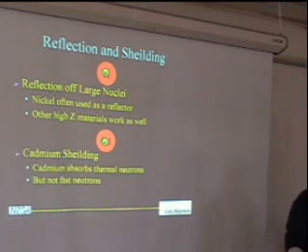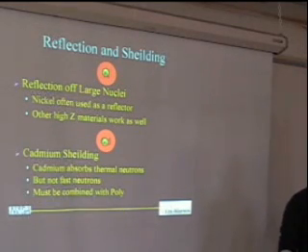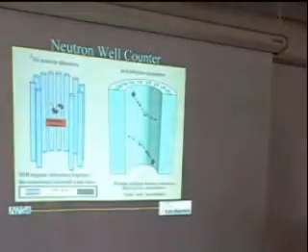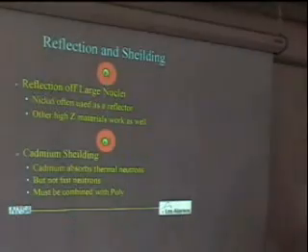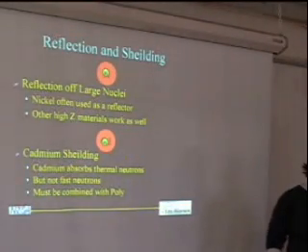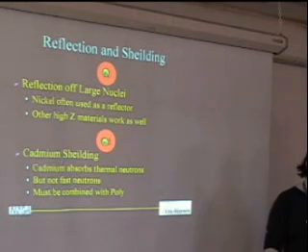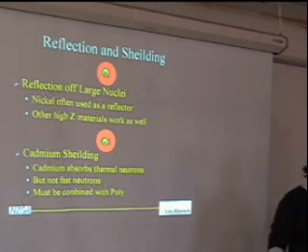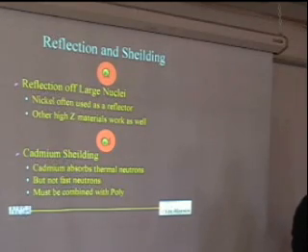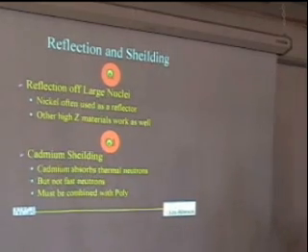Cadmium can be used for shielding. Cadmium absorbs thermal neutrons, however, fast neutrons will more likely scatter off of it. So if you want to use cadmium as a shielding, you need to combine it with the poly to moderate the neutrons before they come to the cadmium.